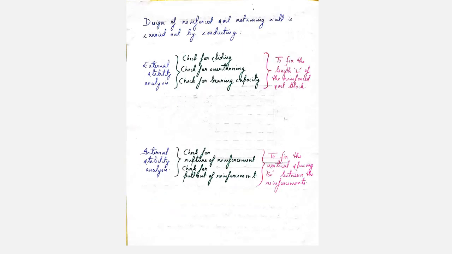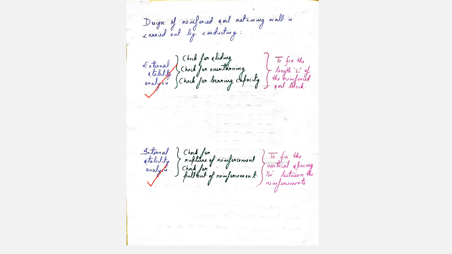Now, the design procedure, as I said, has two parts. That is the external stability part, and then the internal stability part. The external stability part is mainly done to check the reinforced soil block.